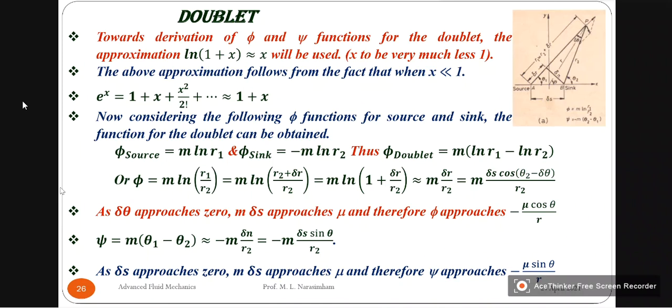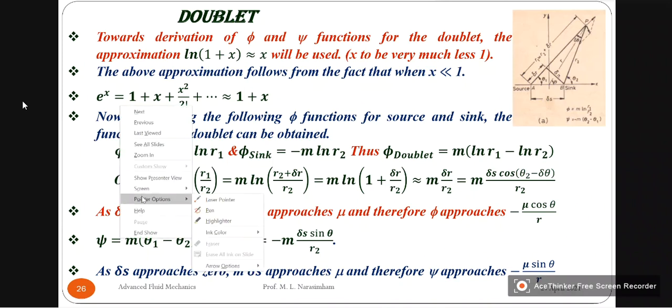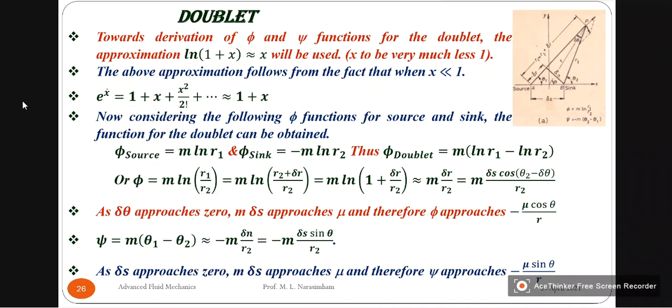Now, if we take logarithms on both sides, what is log of e to the power of x? Log of e to the power of x is x. So that is equal to log of 1 plus x. Therefore, the approximation which we have got gives us this.